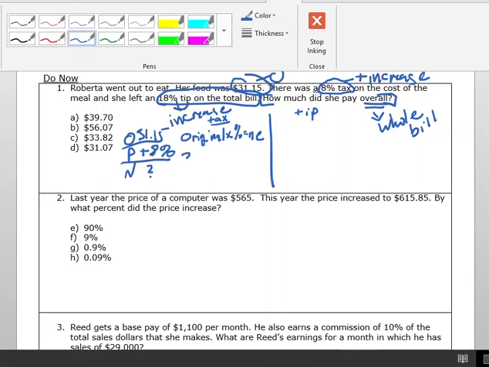My original is $31.15. I'm doing that times 1.08, which represents the total cost of the meal plus 8%. Okay, and when I do that, I get $33.64.